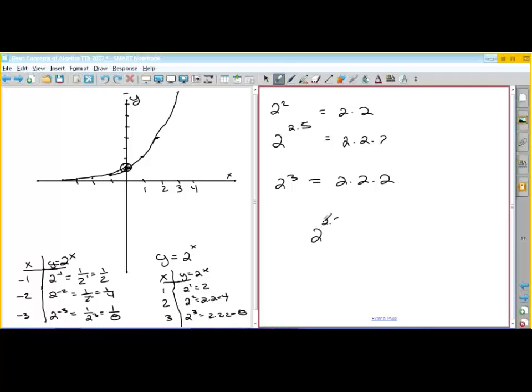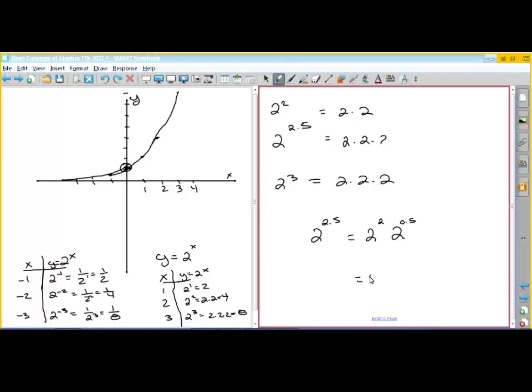So the way you do it is, 2 to the 2.5 power is equal to 2 to the second power times 2 to the 0.5 power. This part I can evaluate because it's a natural number, 2 times 2. The question is, how do you deal with a fraction?